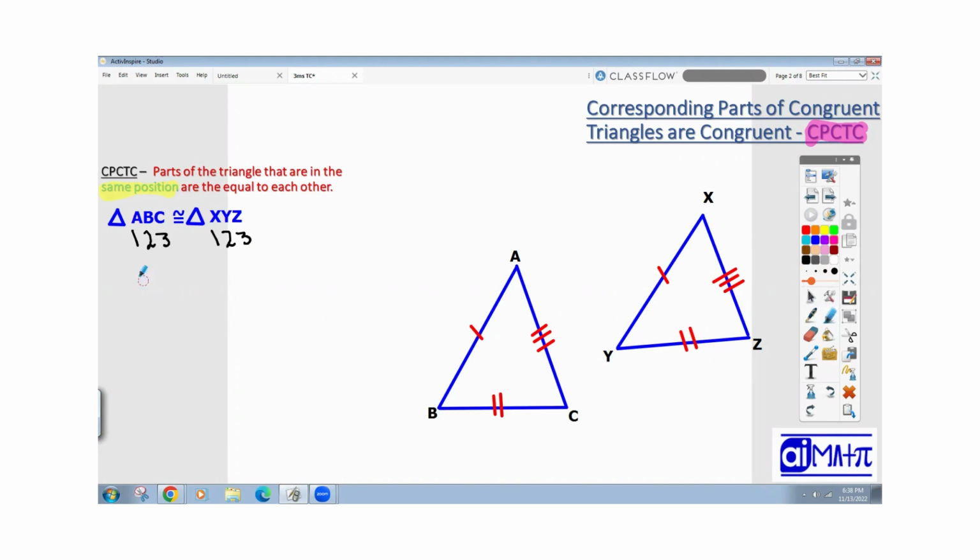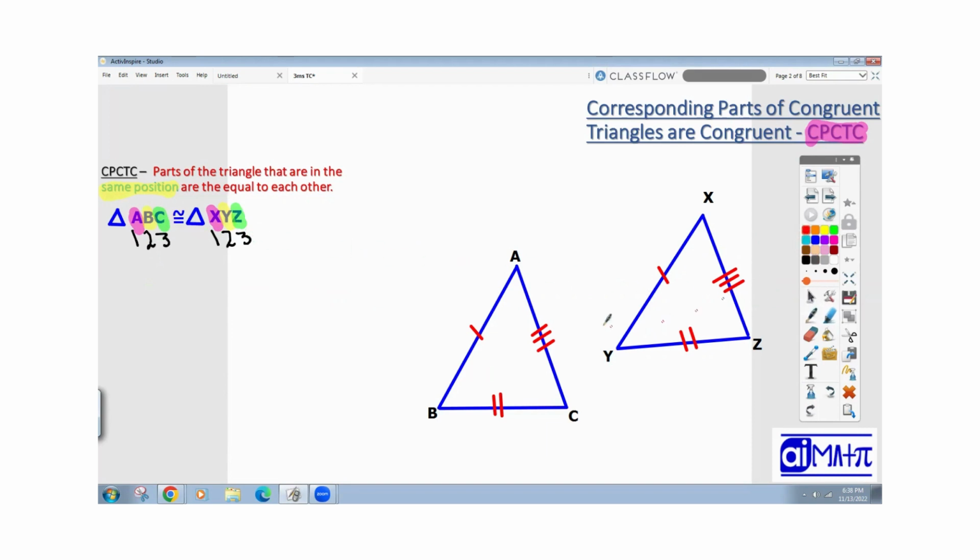What I'm saying here is this is in the first position on the left-hand side. So this is angle A, which matches up with angle X. Angle B is in the second position, and angle Y is in the second position. And angle Z and angle C correspond to each other, which means they are in the same position, which I'm calling the third position.